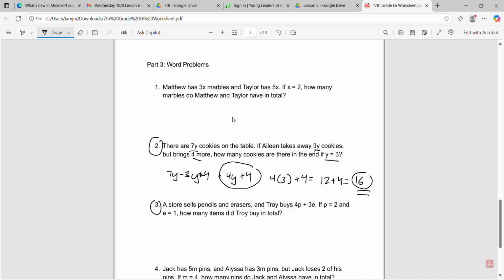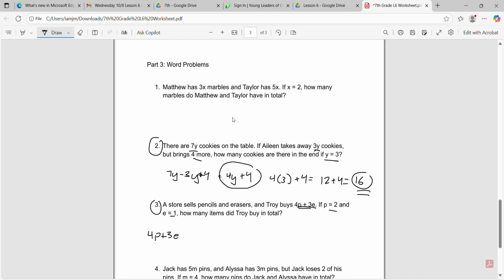Number 3. A store sells pencils and erasers, and Troy buys 4p plus 3e. If p equals 2 and e equals 1, how many items did Troy buy in total? For this one, we just need to substitute right in since we were given an expression. So 4p plus 3e.